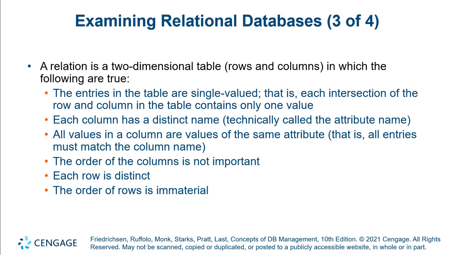A relation or a table, in simplistic terms, is just basically a two-dimensional table, right? Consisting of rows and columns, very similar to a spreadsheet for that one particular table. And so having a properly formatted, what we call normalized, relation should have these following requirements be true. The first one being that there is only a single value per entry.